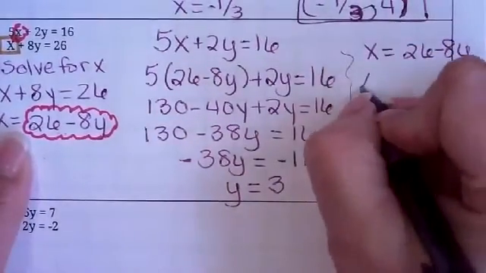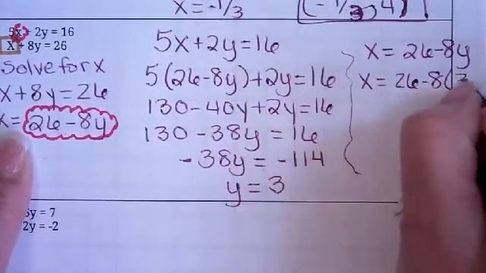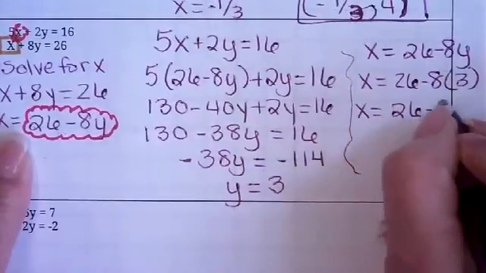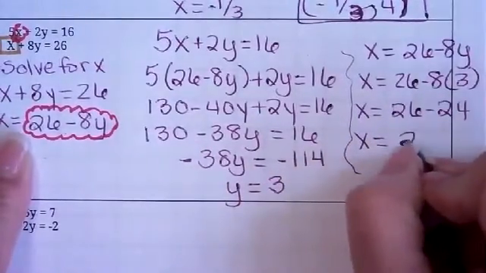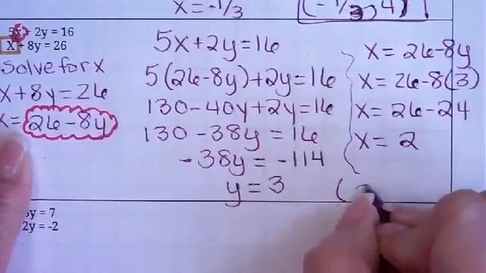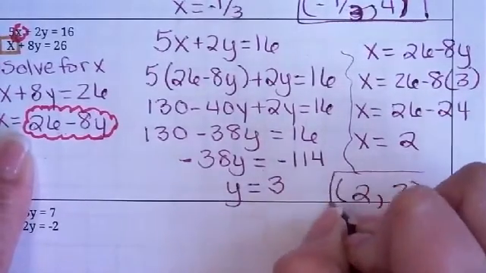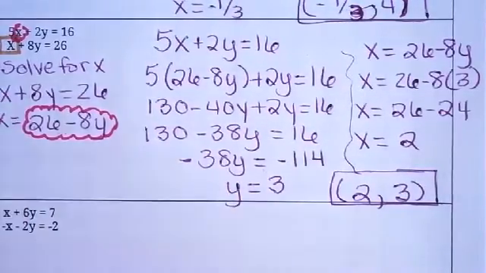And that's going to give me x equals 26 minus 8 times 3. Well, that's 26 minus 24. So that's 2. Now I'm going to make sure when I write my ordered pair that I put the x and the y in the correct spot. So my final answer is (2, 3).